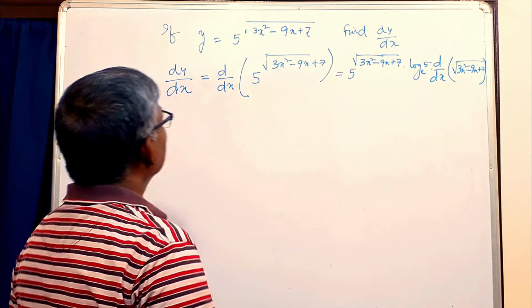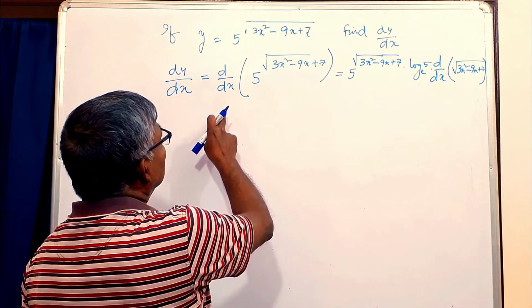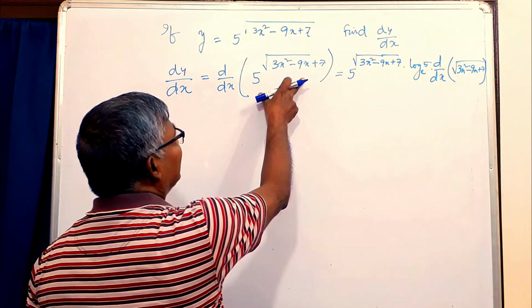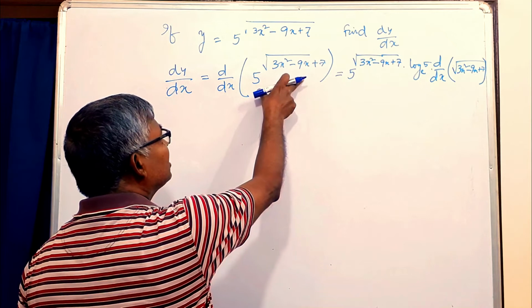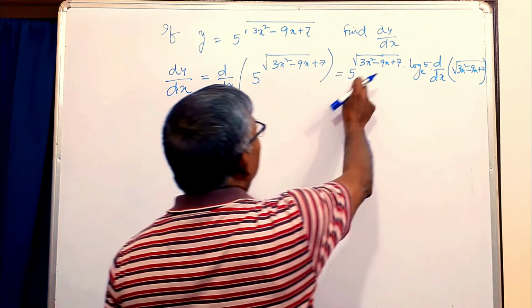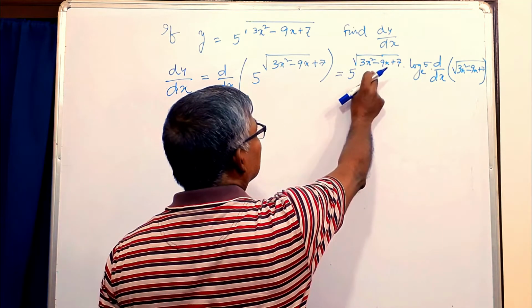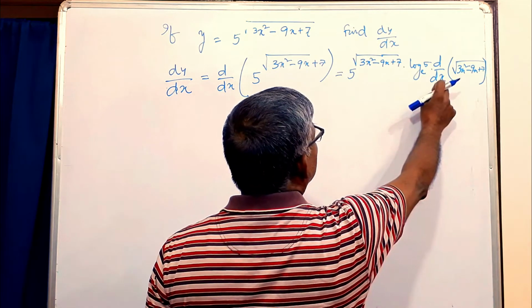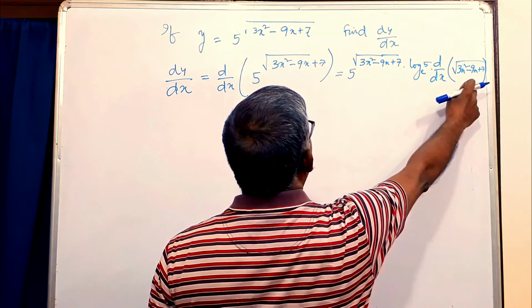Students, just see what is the value of d/dx of a to the power function of x. That is a to the power function of x into log a into the derivative of the function.